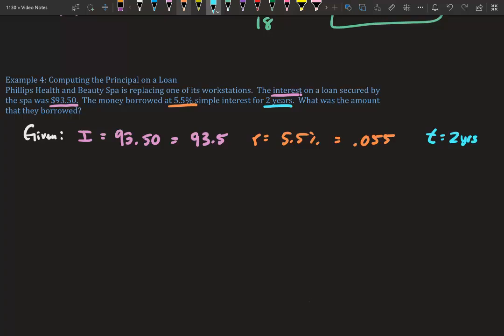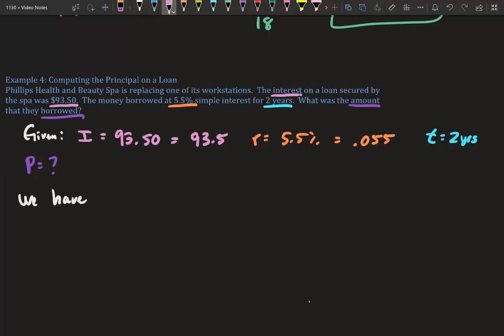We want to find the amount borrowed. So amount borrowed is always our P. That's what we're trying to find. So let's look to our formulas to see what we can use. Let's look at the variables we do have.